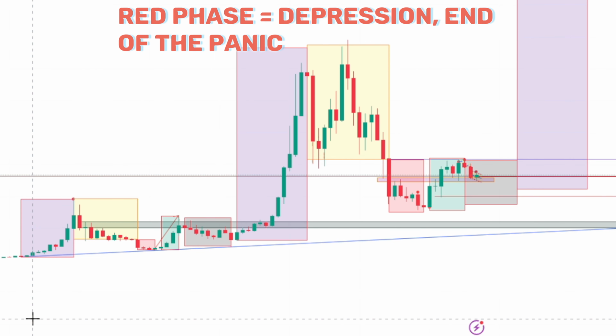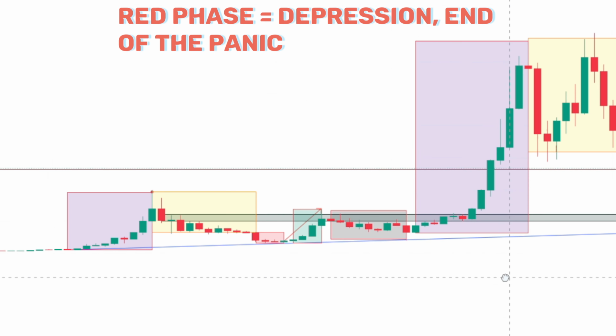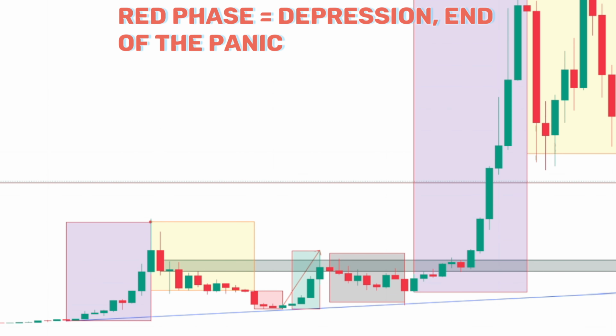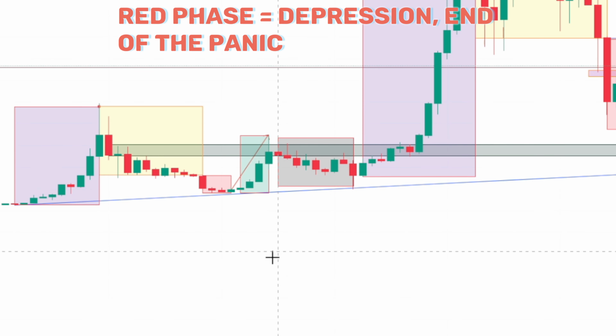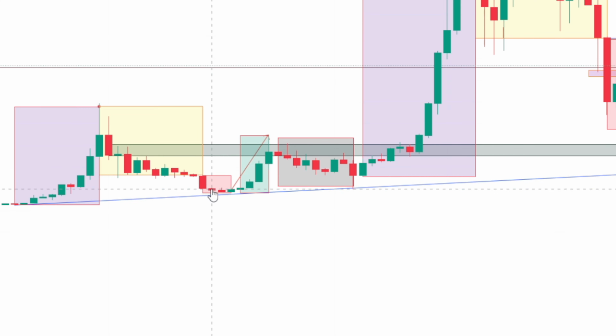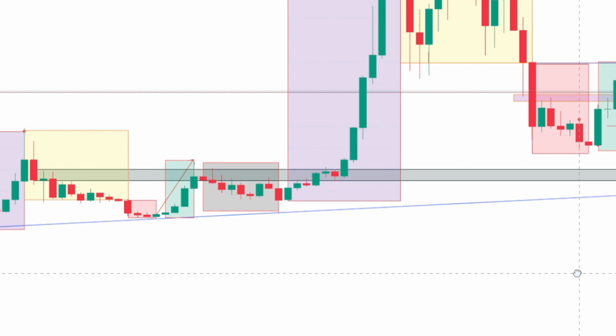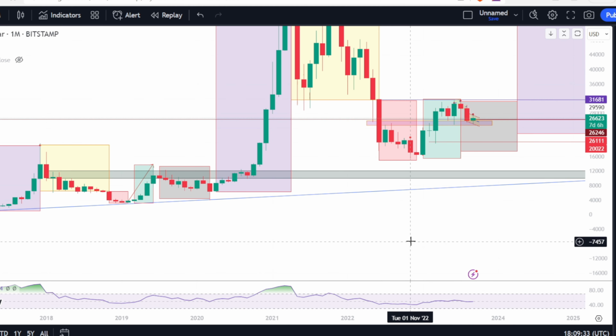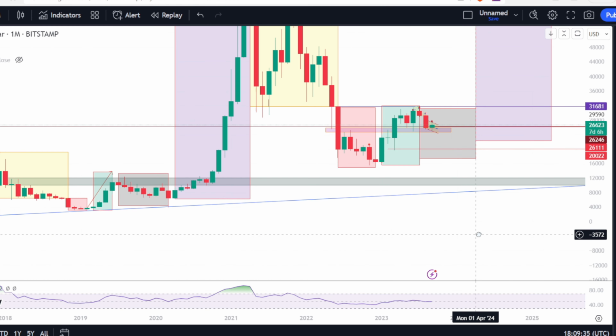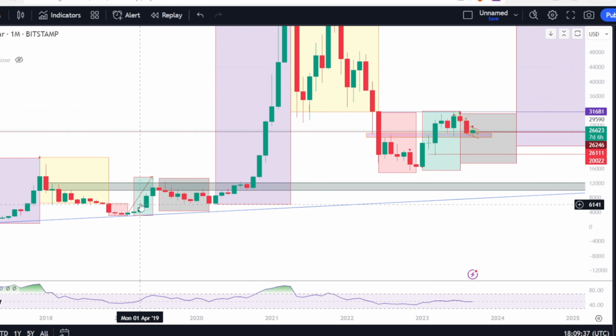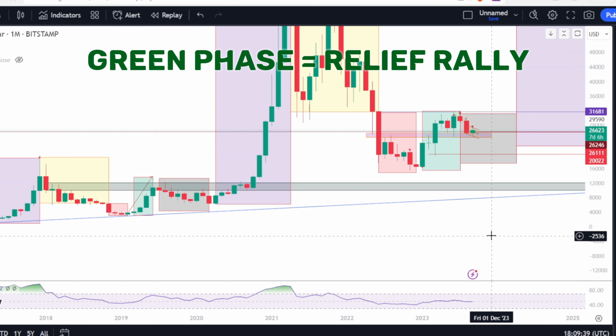The red boxes are the bottoming process, where everyone and anyone is very bearish about the market, where there is so much panic, so much depression in the market. The green box is the relief rally.